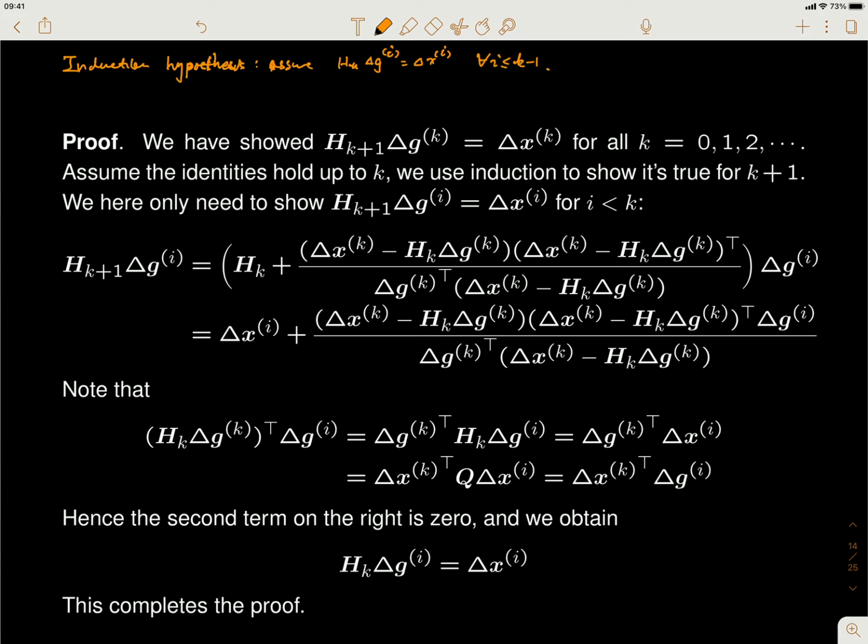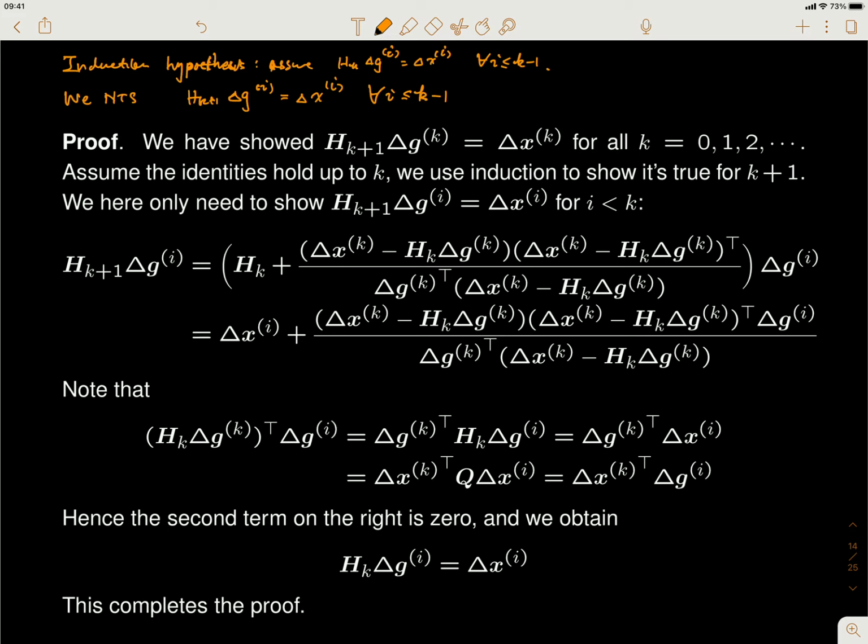This is our induction hypothesis. Now we need to show that hk plus 1 times delta gi is equal to delta xi for all the i less than or equal to k. But we already showed the case for i equals to k. So again, here we just need to show this.